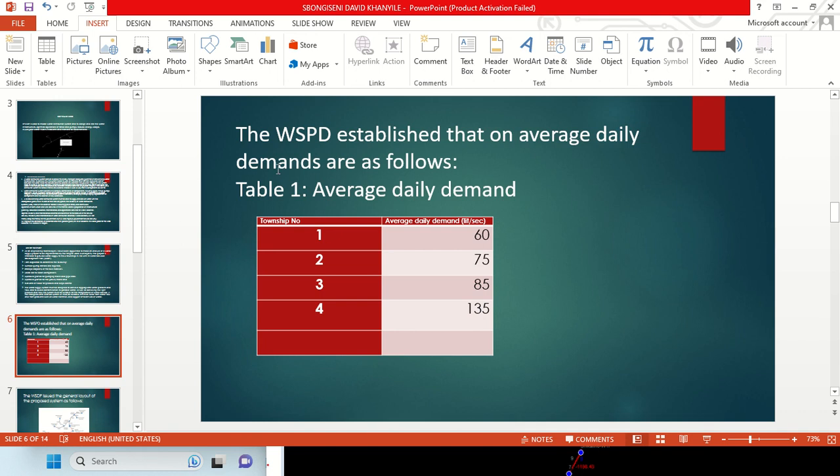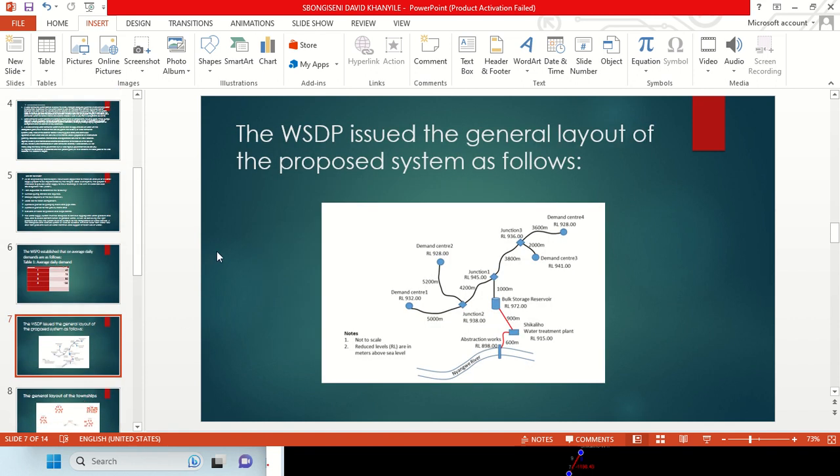The proposed demands are as follows. For township number 1, the average demand is 60, township number 2, 75, township number 3, 85, and finally township number 4, which is 135. The general layout of the proposed system is as follows.